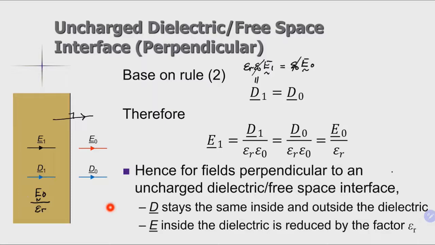Earlier on we said that we have an applied field, EA, and then we have a depolarization field, EP, and therefore the electric field will be EA minus EP. This is equal to the applied field divided by epsilon r. We said that the depolarization is trying to reduce the applied field. How much is it reduced? It's reduced by a factor of epsilon r.